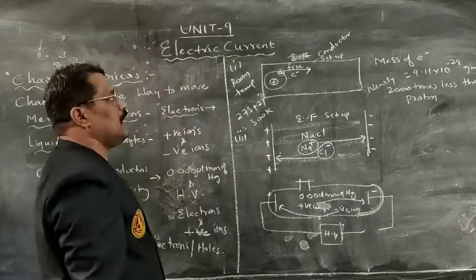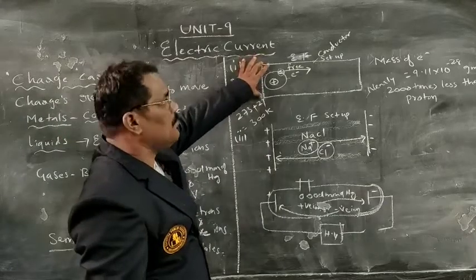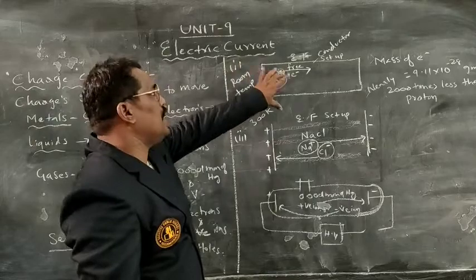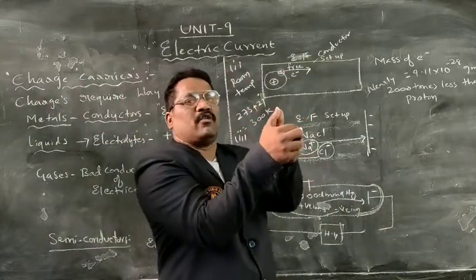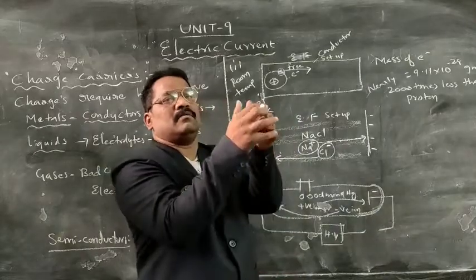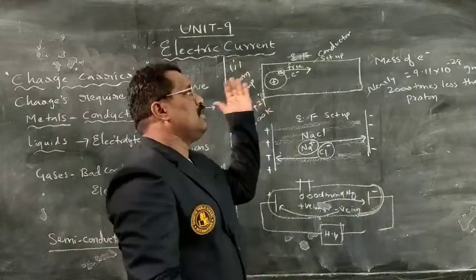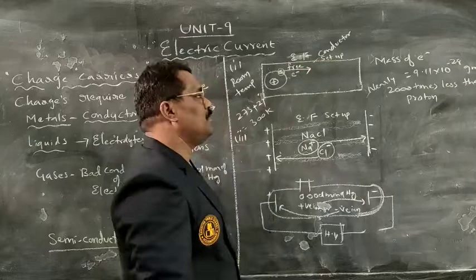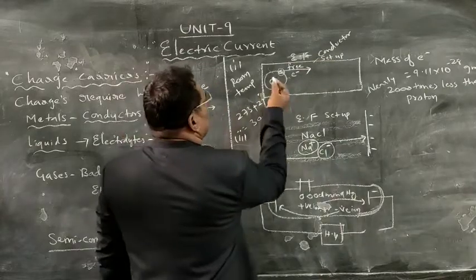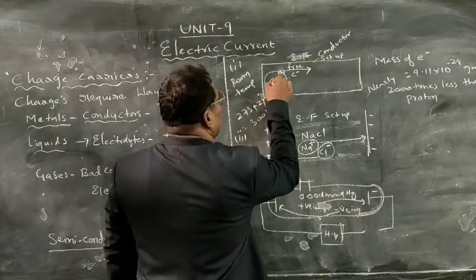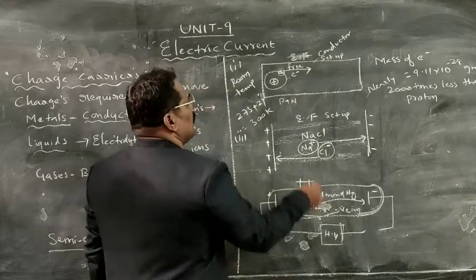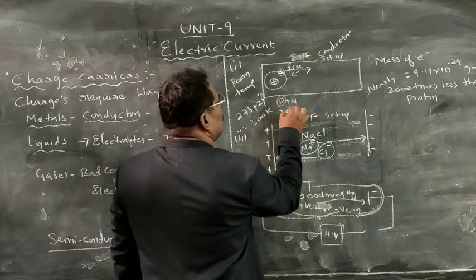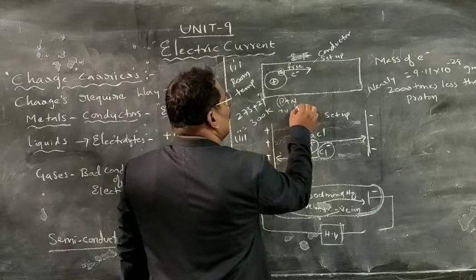If I consider a metallic strip, it is made up of atoms. Atoms are closely packed to each other, and that forms the metallic strip. An atom consists of a nucleus. In the nucleus, protons as well as neutrons exist, where the proton charge is positive and the neutron is a neutral charge.